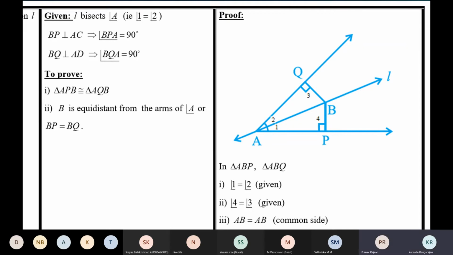Ma'am, I can tell the congruence rule. Louder, children? Ma'am, I can say the congruence rule for this one. Who's that? Kanishka, ma'am. Okay, you're ready with the congruence rule, Kanishka? And what about the equalities? Ready with the equalities?